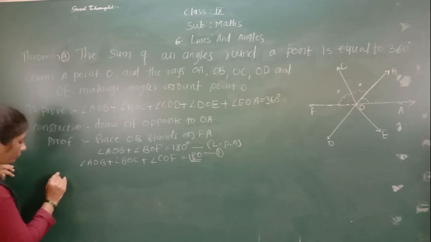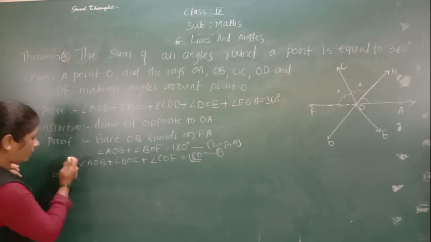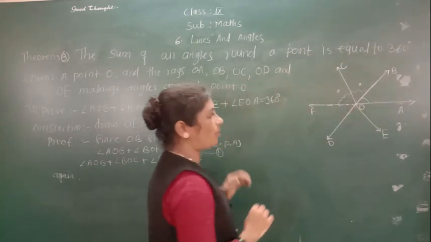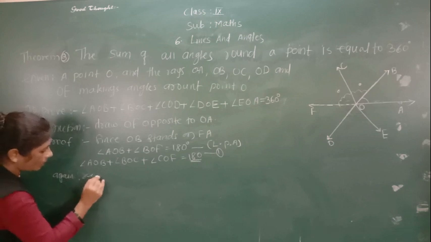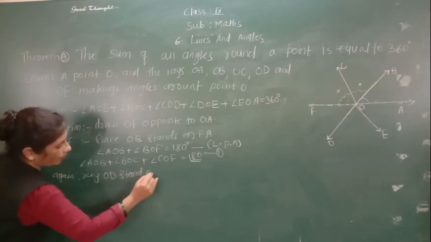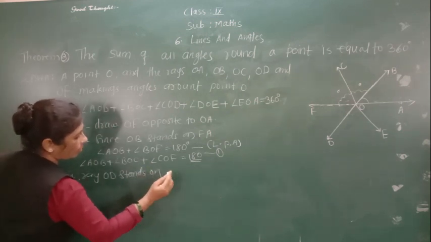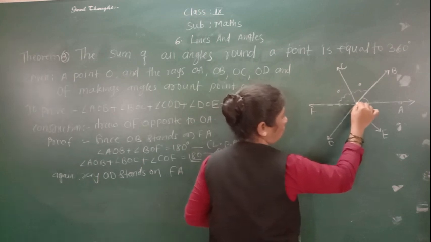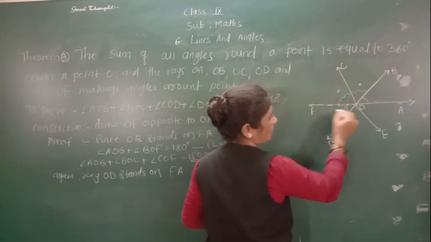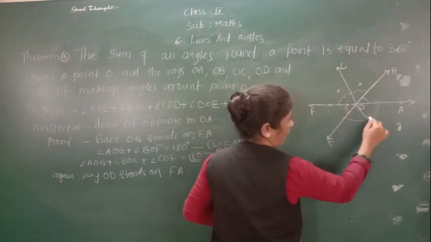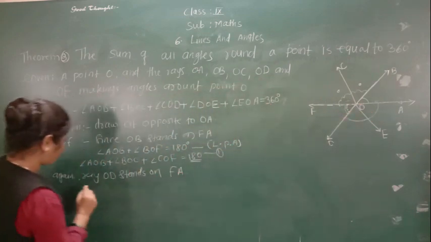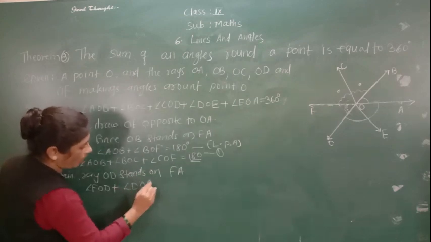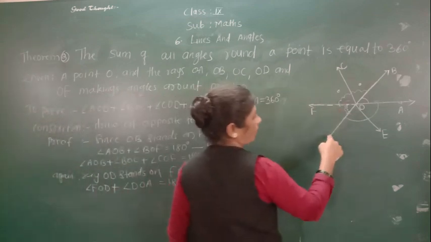Similarly, there is one more ray, ray OD, which stands on FA. If OD stands on FA, then angle FOD plus angle DOA equals 180 degrees.